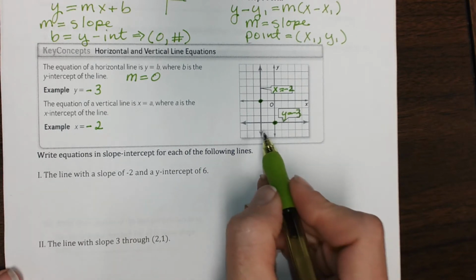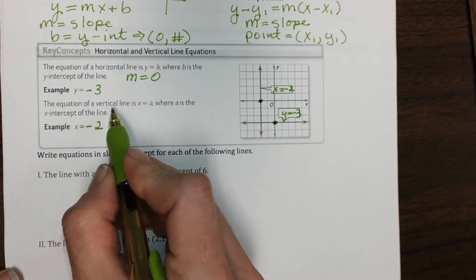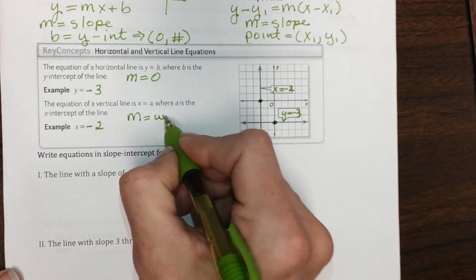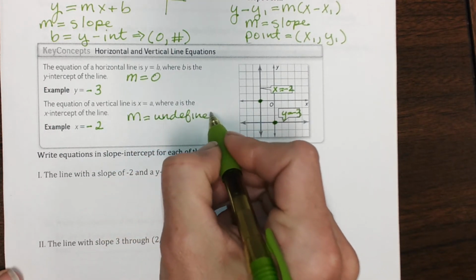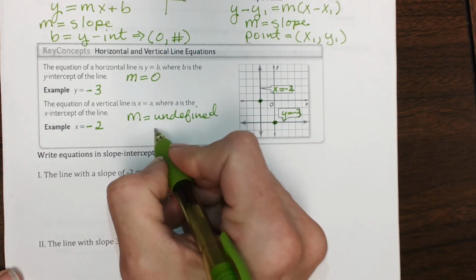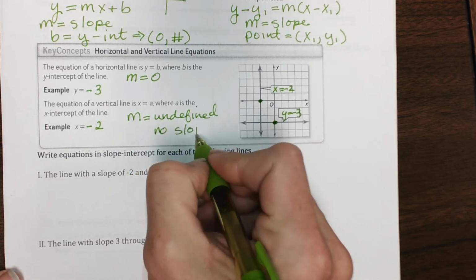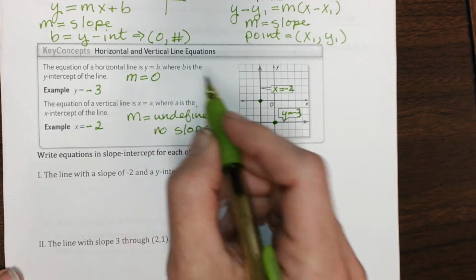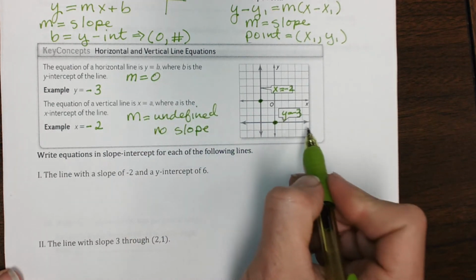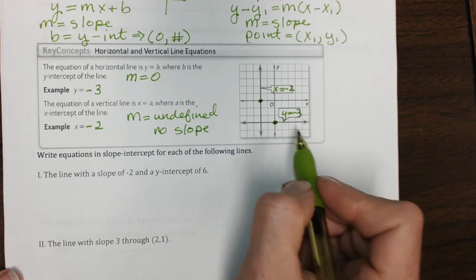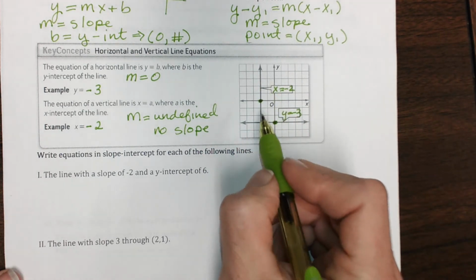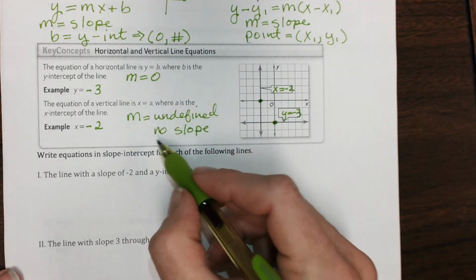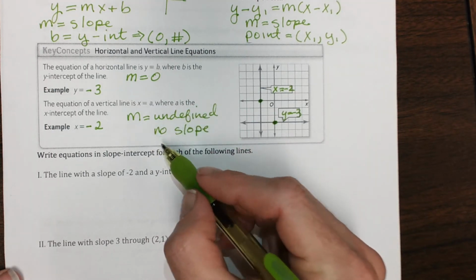And then what I want you to understand is that vertical lines have a slope that we either say is undefined, or sometimes you'll see it as no slope. No slope and undefined is not the same as 0, because 0 is that horizontal line. It's still a function. But whenever we have a vertical line, it is actually not a function. And so that's when we talk about it being undefined or no slope.